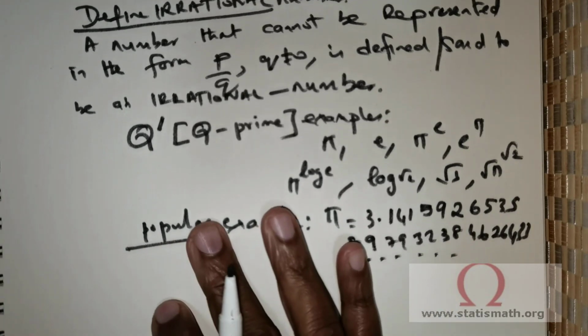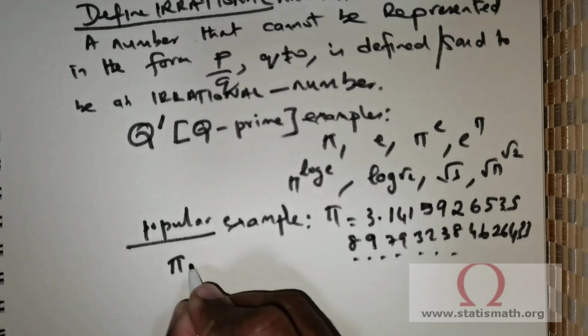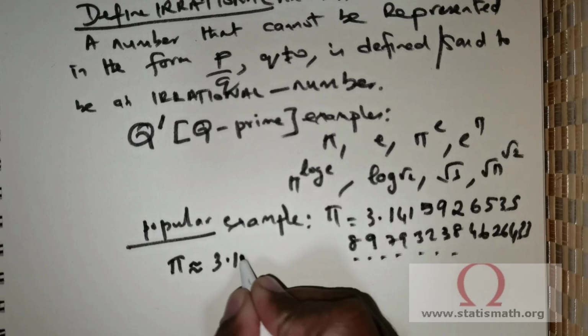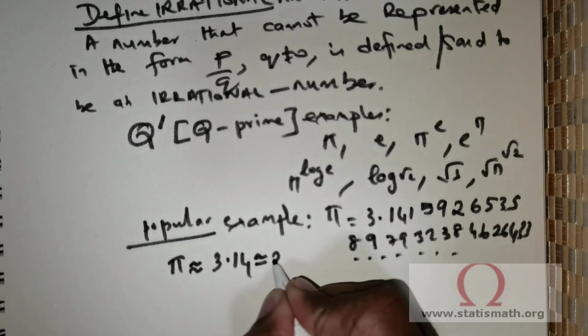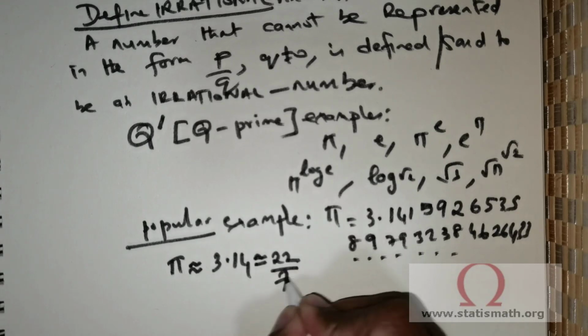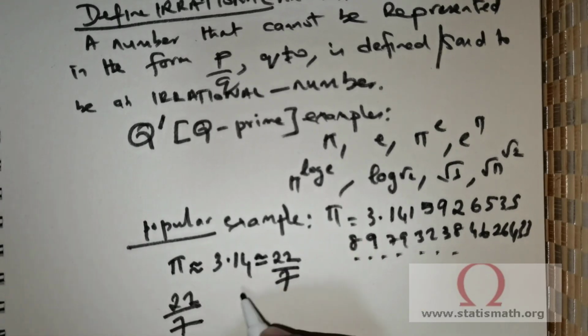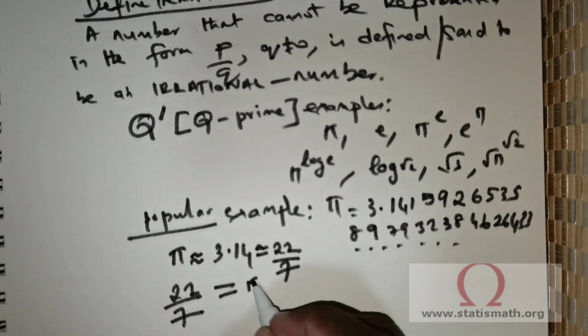Now, for the sake of convenience, we take pi to be 3.14, which is again taken to be 22 divided by 7. Now remember, 22 over 7 is not equal to pi.